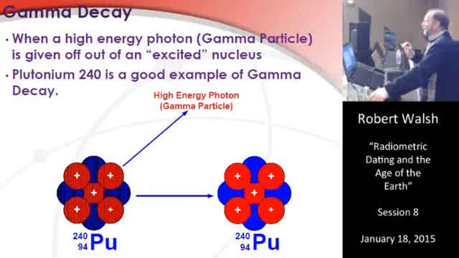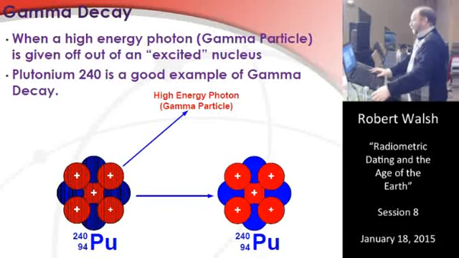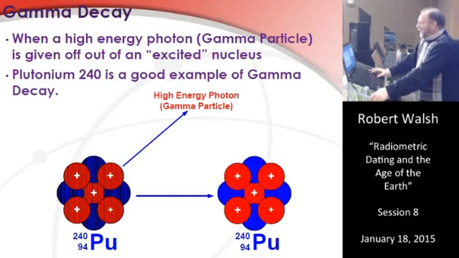So it hasn't given off a proton. It's given off a photon. It's given off a little bit of energy, and it's no longer as excited as it was prior to giving off that energy. So it's kind of a way in which it's less agitated, if you will. Okay. So that's alpha decay, beta decay, and now this gamma decay.